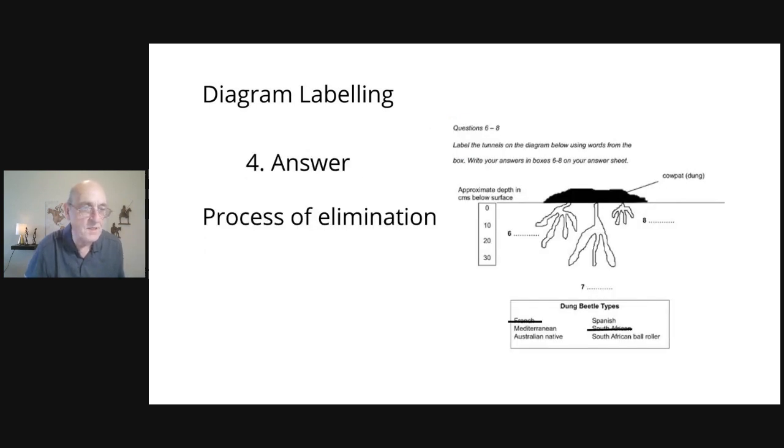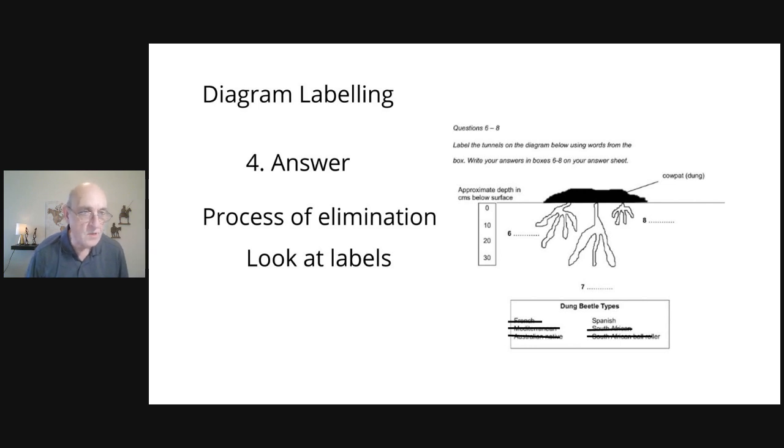So let me just show you another strategy that you can use very often in the reading section, and it's just the process of elimination. And in this case, it's very simple. The only other country we've seen mentioned is Spanish. So we can eliminate all the other labels that are found in the box.